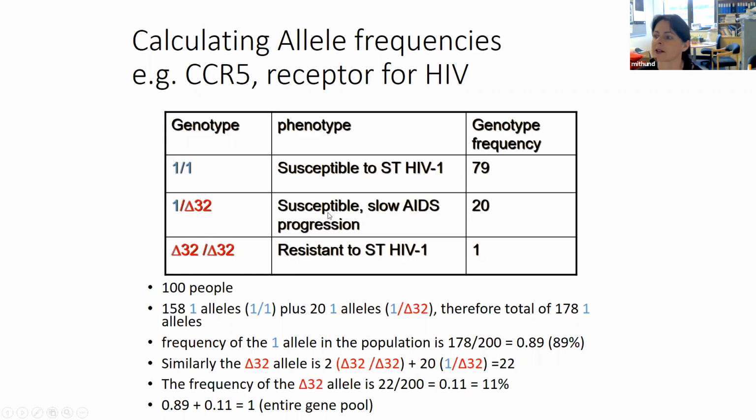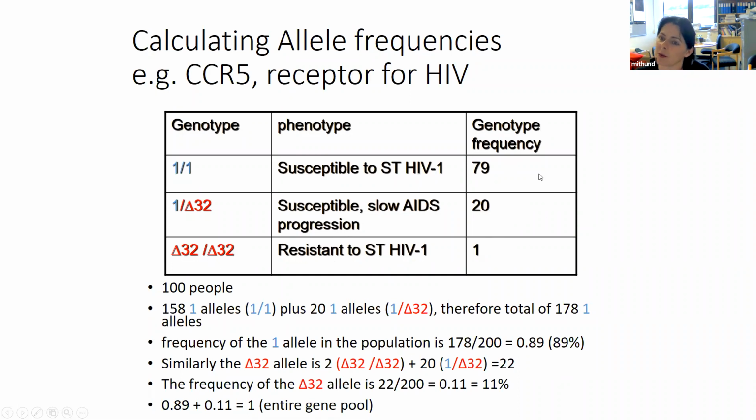They're susceptible to sexually transmitted HIV, but have a slower progression to AIDS. In our population, there are 20 individuals. Then the final genotype, the homozygotes for delta 32, are resistant to sexually transmitted HIV, and in our population of 100, we have 1 individual with this genotype.